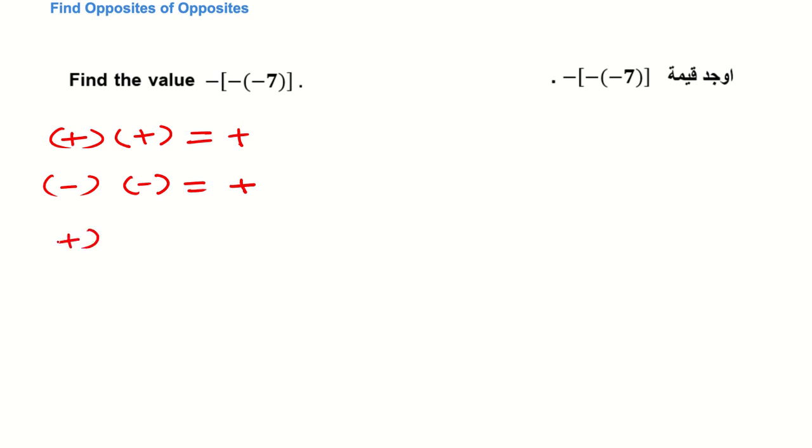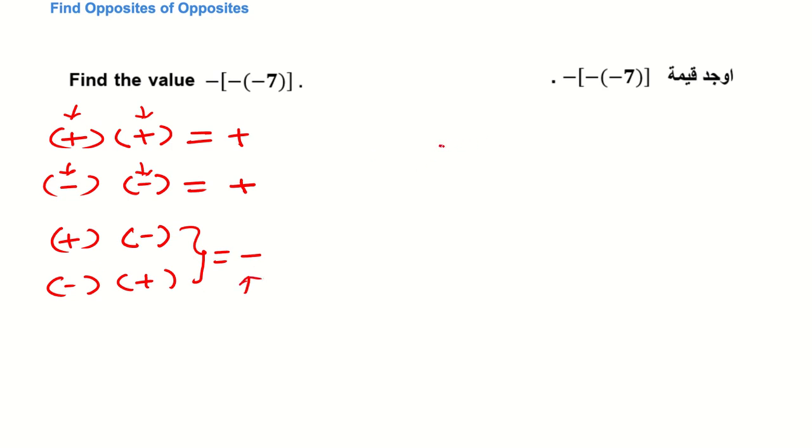If you have plus multiplied by minus or minus multiplied by plus, then in both the cases answer will be minus. So what you can understand here, if you are multiplying two positives or two negatives, then its answer will be positive, and if you are multiplying the opposite signs, then its answer will be negative.